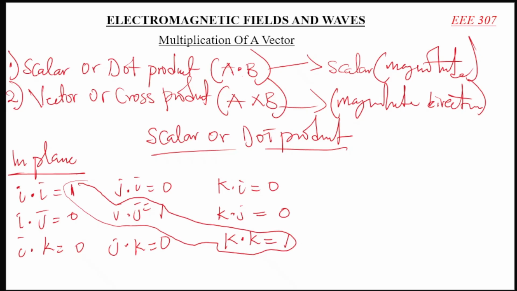Take down example 1. For example 1, we're given A equal to AXI plus AYJ plus AZK.